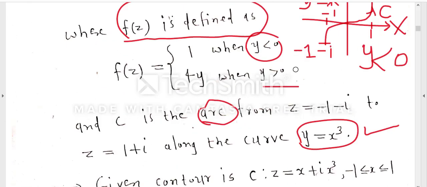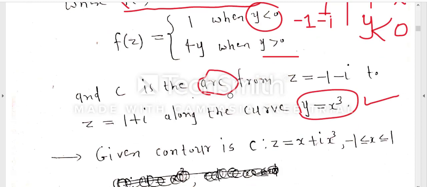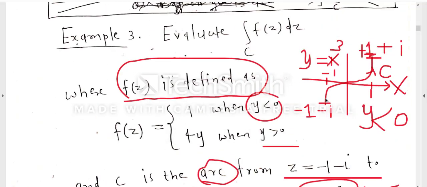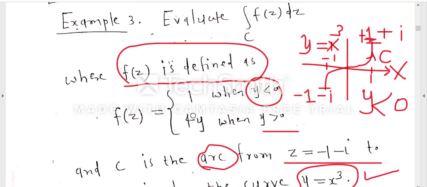So this is our rough sketch of curve C. Contour C is the arc from z equal to -1 minus i to z equal to 1 plus i along the curve y equal to x cube. Depending on the location of our complex variable z, our function is defined in this way.